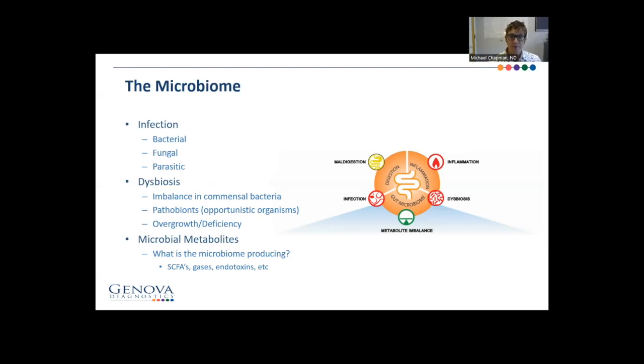And then lastly, not just who's there, but what is the microbiome producing? That's almost as important. We'll talk a little about that later. They are producing things like short chain fatty acids, which we'll get into. They're producing different gases, like I said. Some of them might be producing endotoxins, which are affecting the overall GI tract.